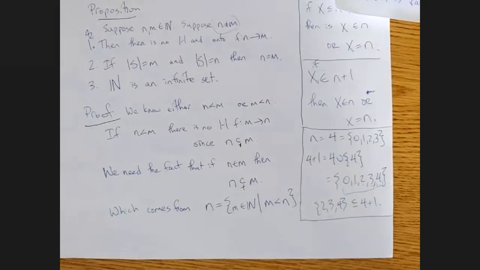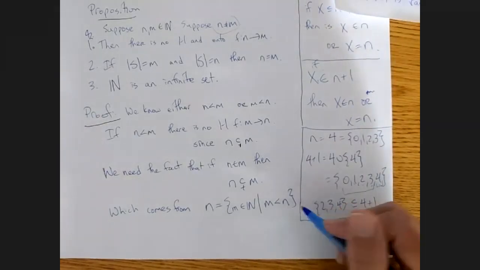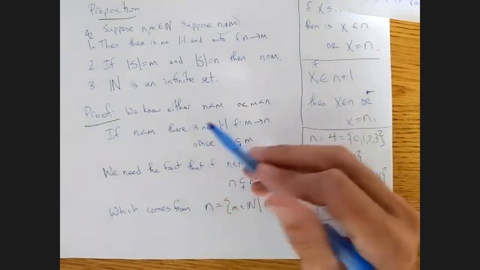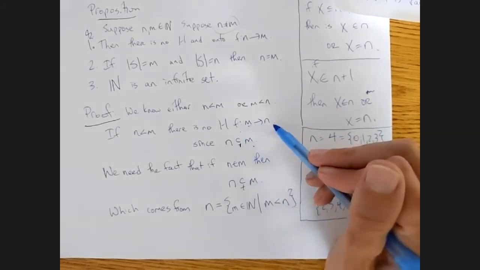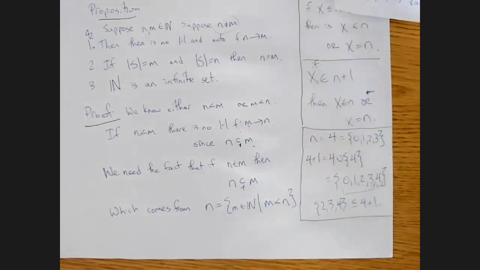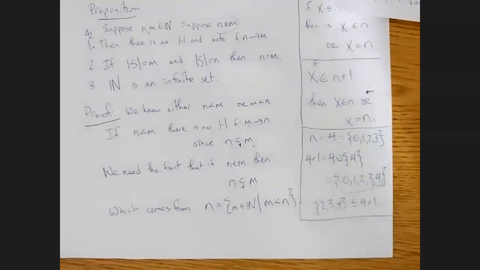It comes from the fact that a natural number consists exactly of the natural numbers that are less than it. And so now, since if n is less than m, it's a proper subset of m, there's no one-to-one function from m to n. And if m is less than n, it's the same proof with m and n switched.